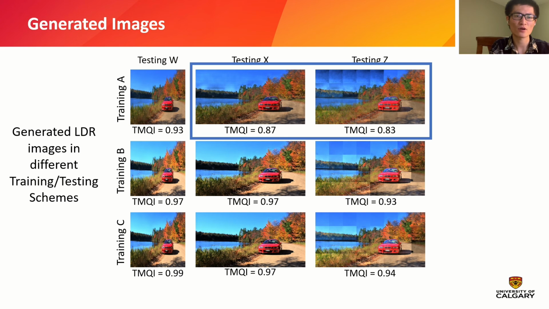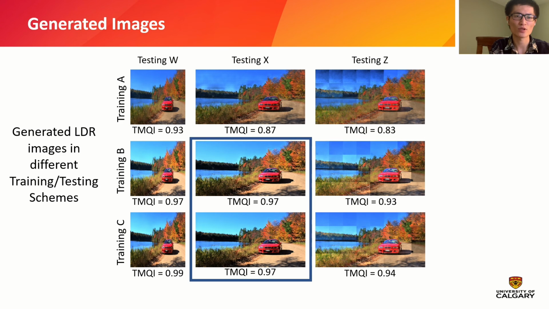After we add cropped images into the training databases, adTMO is able to learn how to keep the finer details of the original images. Therefore, the LDR images of testing scheme X in training schemes B and C look more natural and have higher TMQI.